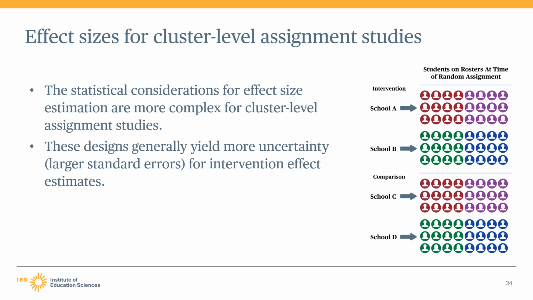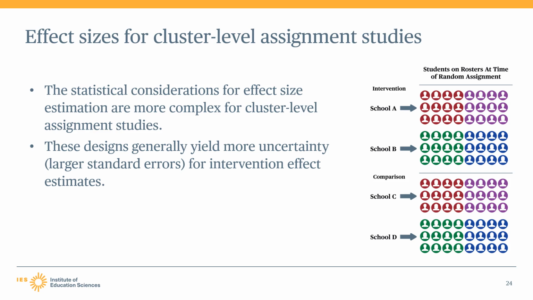The statistical considerations for effect size estimation are a bit more complex for cluster level assignment studies. Cluster level assignment designs often yield more uncertainty or larger standard errors for intervention effect estimates. This is because the total variability in cluster level assignment studies consists of between cluster variability and within cluster variability.